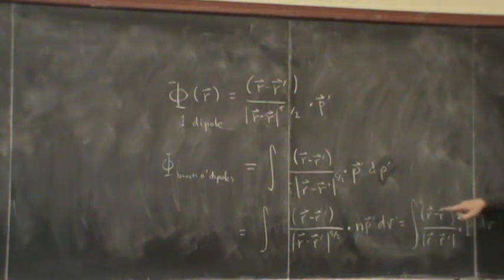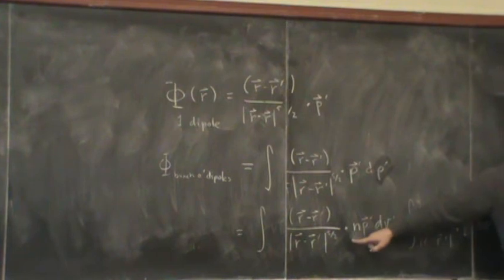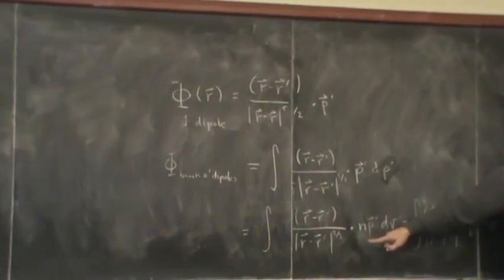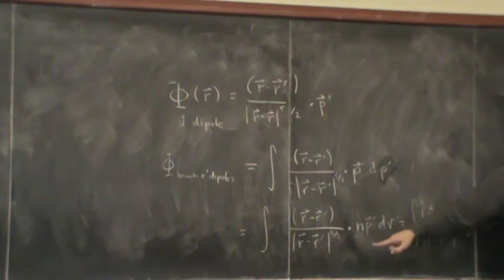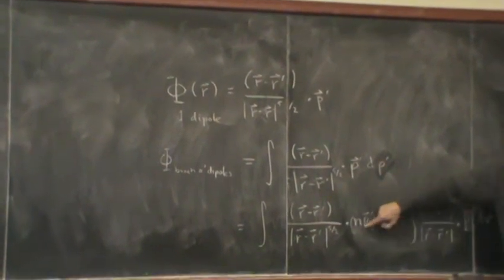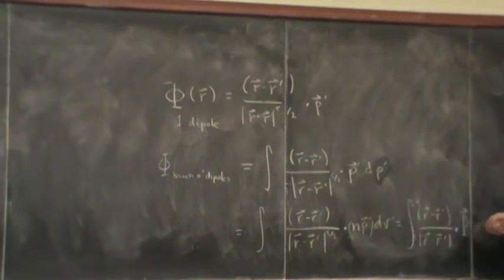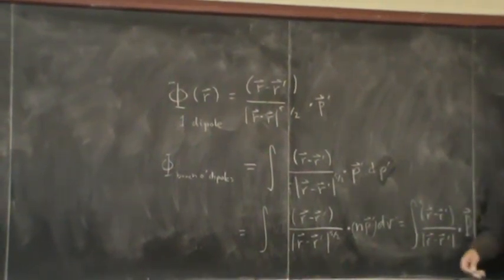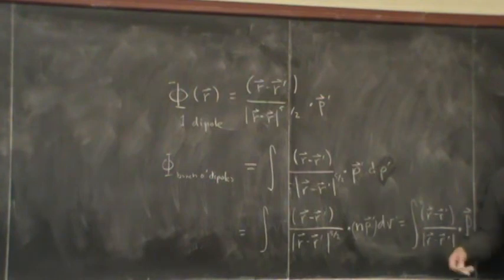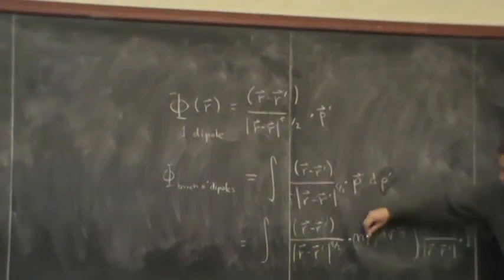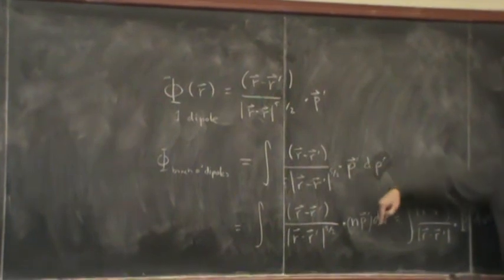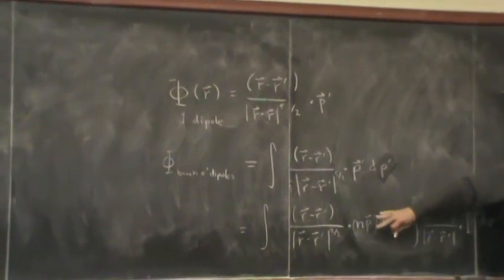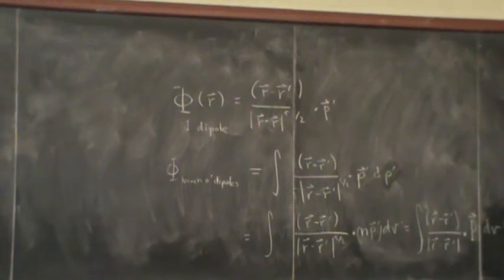It is the density of dipoles times the dipole moment of each of those dipoles. And the dipoles don't have to be equal. I've got a density of a certain type of dipole, those I add up, and a density of a different type of dipole, then I add those in. So I really should put a sum over all the possible types of dipoles, but I'm just going to save myself some time and not write that out.